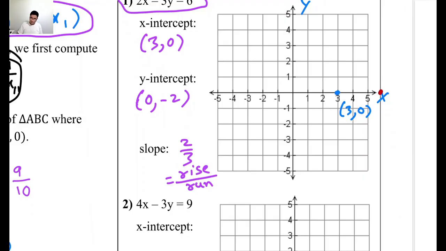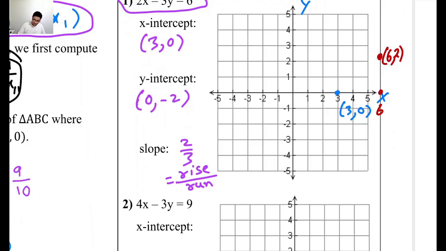If you were to go to 6 on the x-axis, from 3 to 6, run 3 units, then you will rise 2 units on the y-axis. So you would be here. That point would be 6, 2.